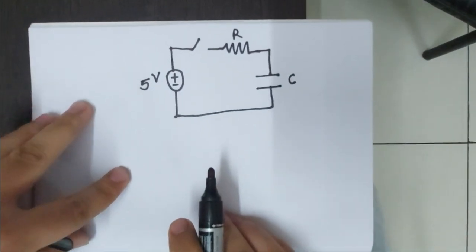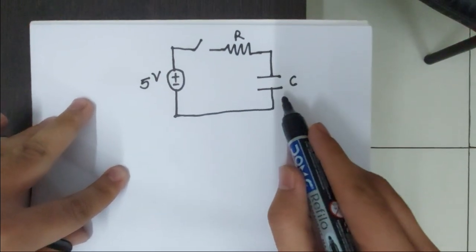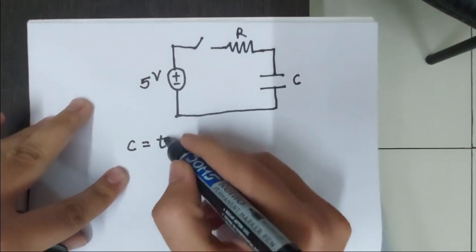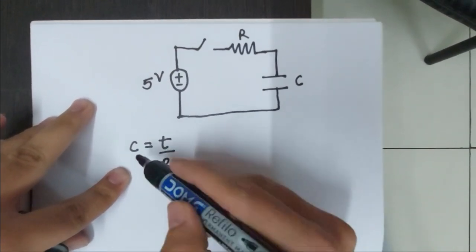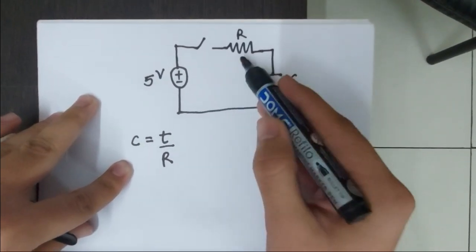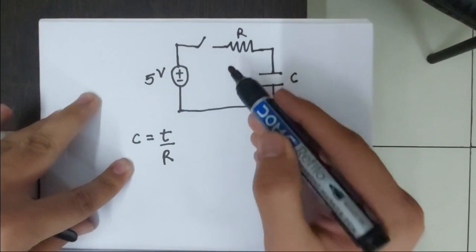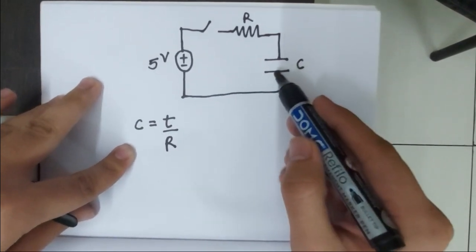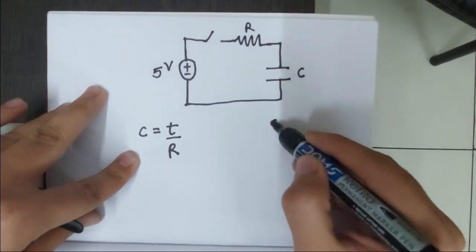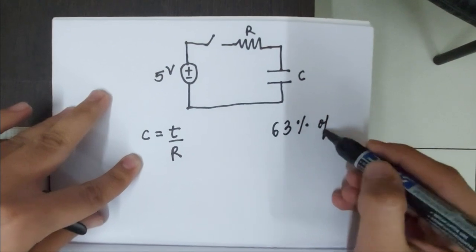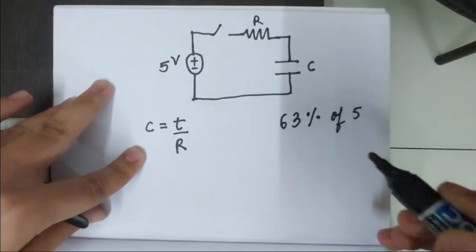We will calculate the value of the unknown capacitance by the formula C equals T by R, where C is the unknown capacitance, R is the resistance value given in the circuit, and T is the time required for the capacitor to reach 63% of the maximum supply voltage, which here is 5 volt.